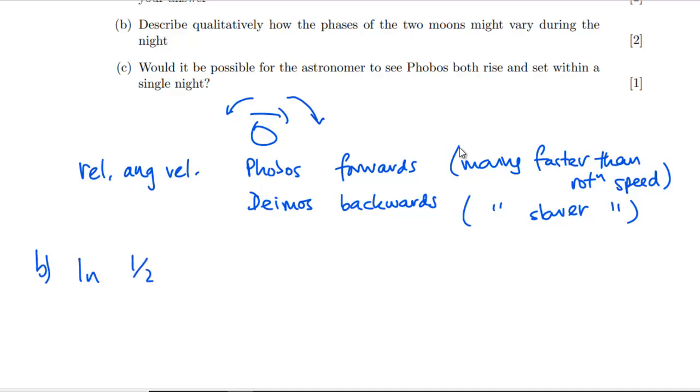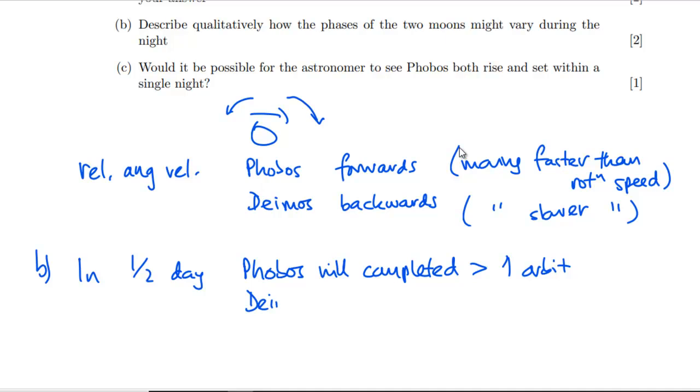In half a day, Phobos will have completed more than one orbit, whereas Deimos will complete less than one orbit.